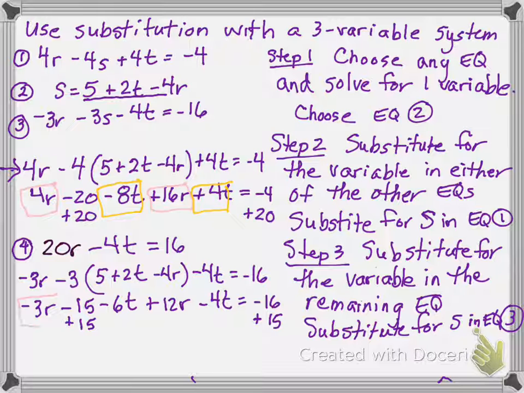So we have a negative 3r plus 12r, so that's 9r. And then we have a negative 6t and a negative 4t, so that is negative 10t. And negative 16 plus 15 is negative 1. And we're going to call this equation 5.